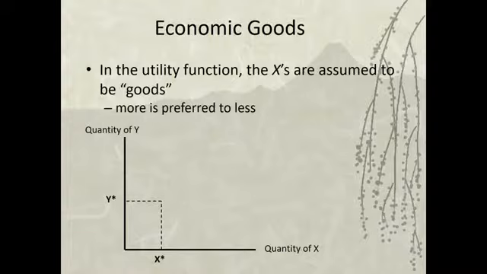Once you make this clear, that all three assumptions are intact, then you can define an economic good in the utility function, that the x are assumed to be goods. I said x1 to xn is available to you, which means x1 to xn can be treated as goods.